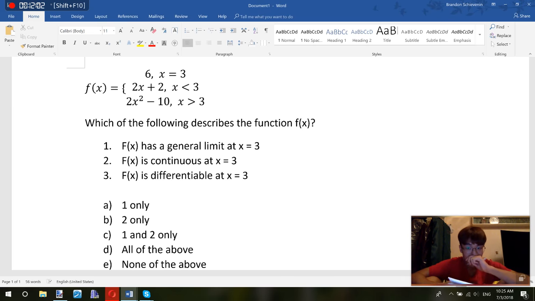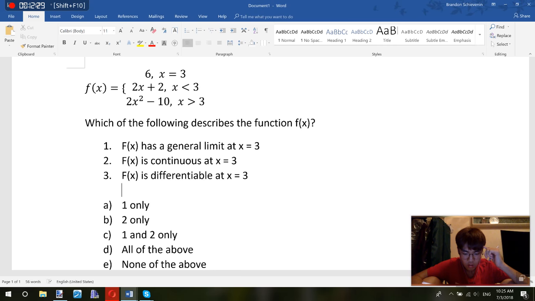So do I have a general limit? Okay, we do have a general limit because from the left and the right we're both 8. So because the left and the right were the same, I have a general limit. But 8 is not less than 3.